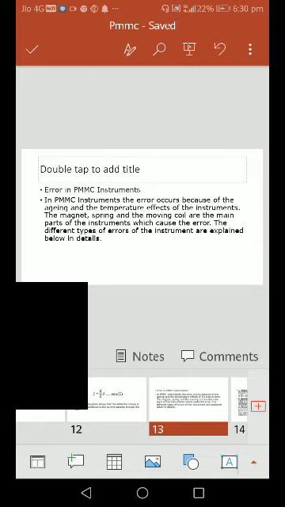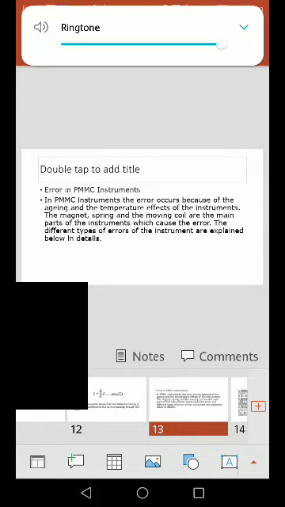Errors in PMMC, the permanent magnet moving coil instrument. In PMMC instruments, error occurs because of aging and the temperature effect on the instrument.